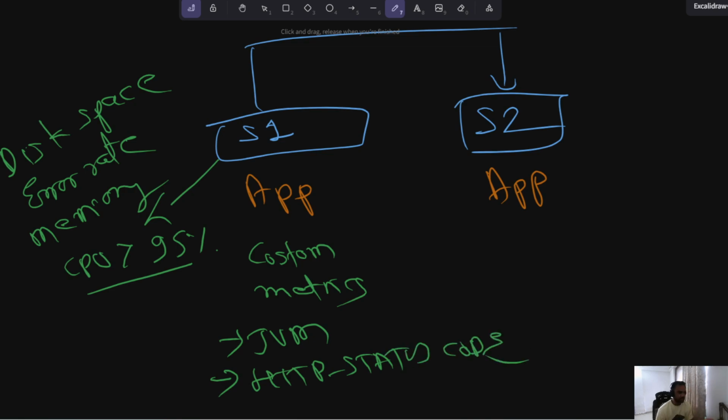These are just examples, but I need you to understand custom metrics as well as metrics which are emitted by the servers or any hardware or infrastructure which we are running. So there are a variety of metrics, but essentially a metric is something which is measurable.